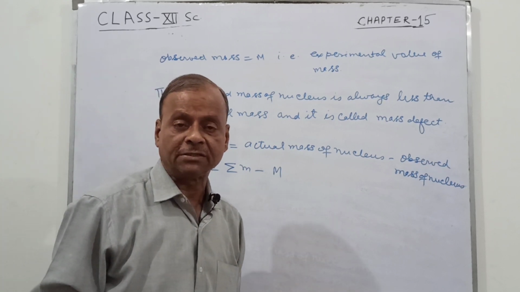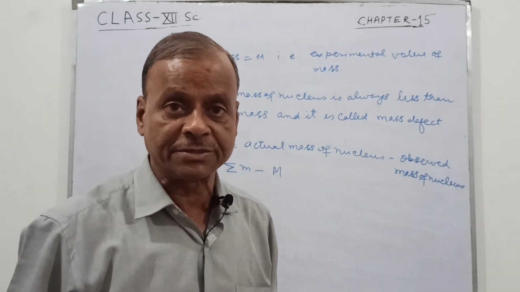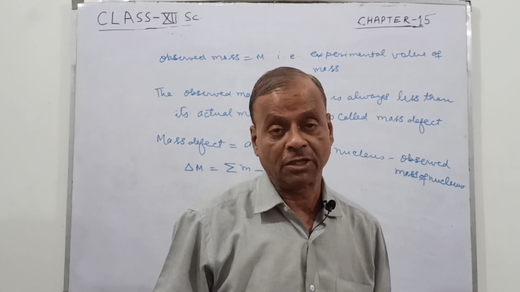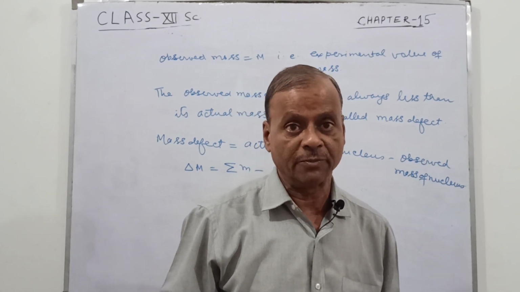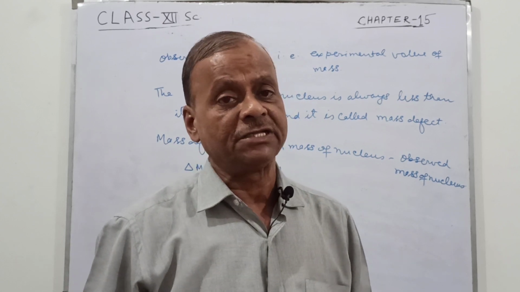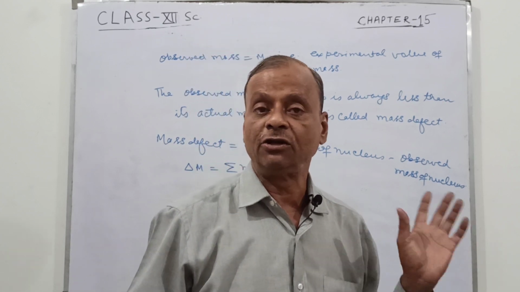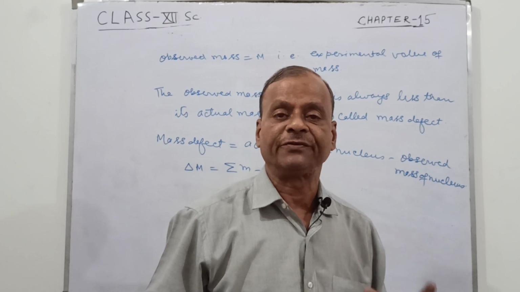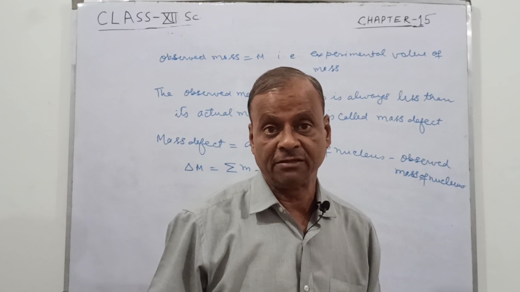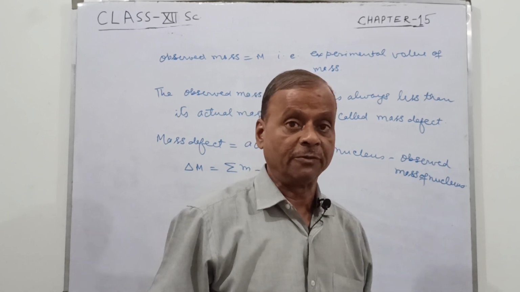What should happen is that whatever we measure by experiments must be equal to the actual value, the total mass of the nucleus. But it is found that they are not equal. There is some difference. The actual mass is always more than the observed mass.